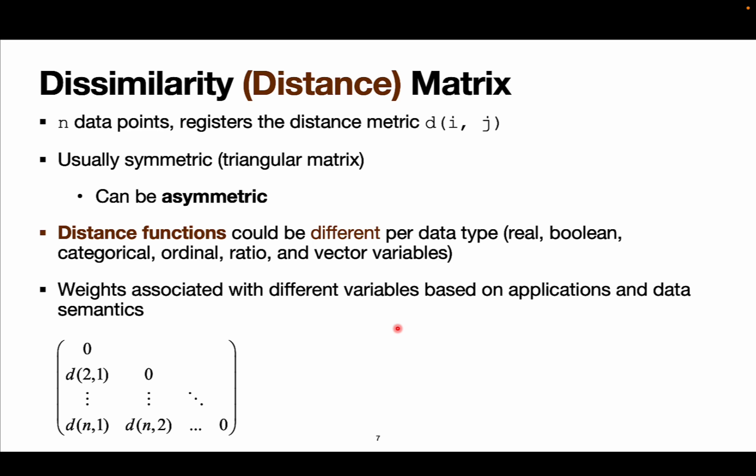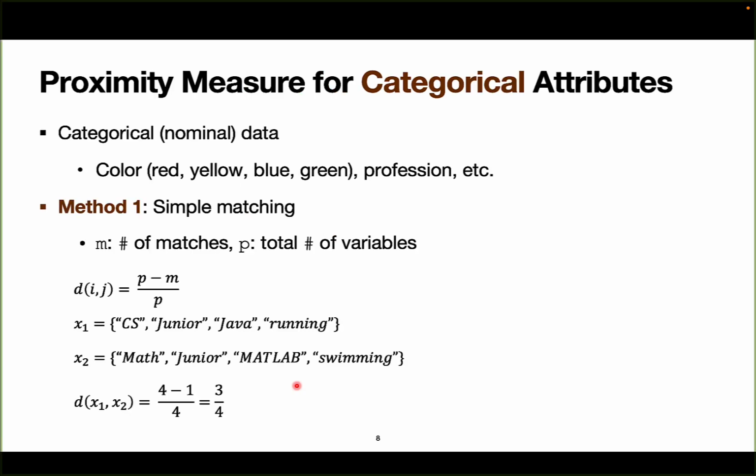Now that we have the data inside a matrix, one thing we can do is compute the distances between the objects. And the distance can be symmetric, which means we're going to end up with a triangular distance matrix, or it can be asymmetric.